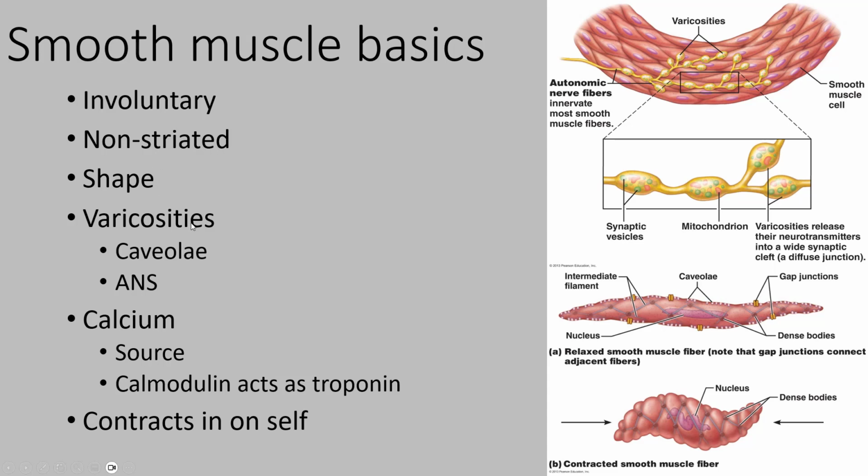Instead of having neuromuscular junctions, it's got something called varicosities. Varicosities are where the autonomic neurons are going to connect to the muscles. If we look at autonomic neurons, instead of having those terminal boutons, they've got these swellings all along the end area of an axon.